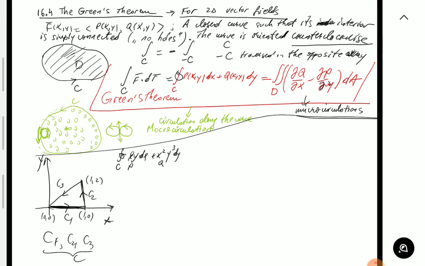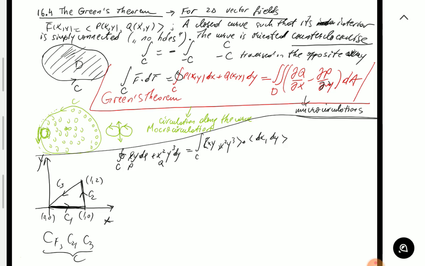Let's actually do this, like I said, as a line integral first. In vector notation, remember, this can be written as the dot product between (xy, x squared y cubed) and (dx, dy). And then we're going to plug in, of course, the curve, and so on.